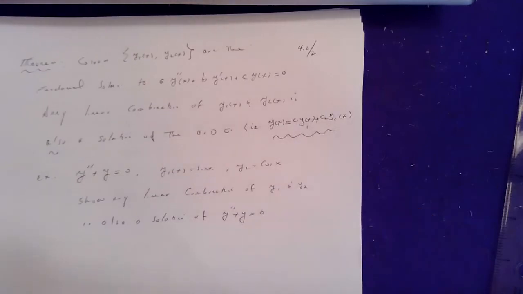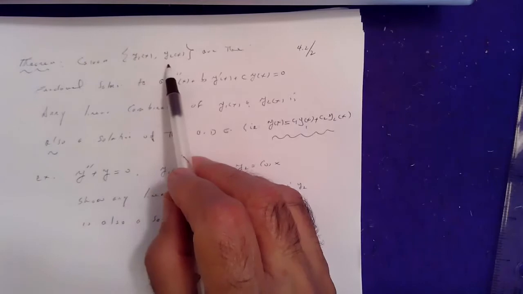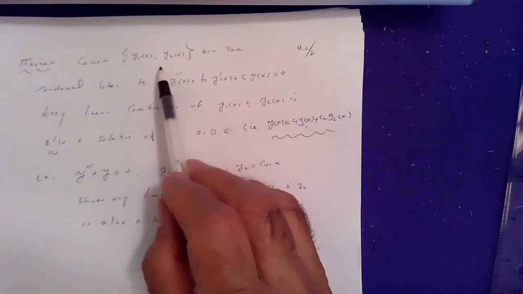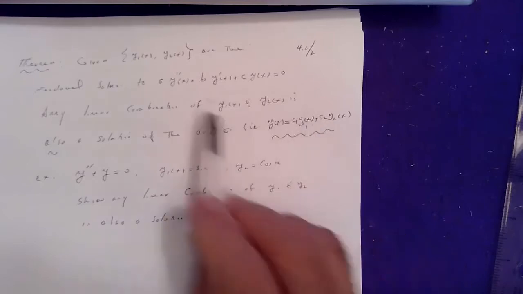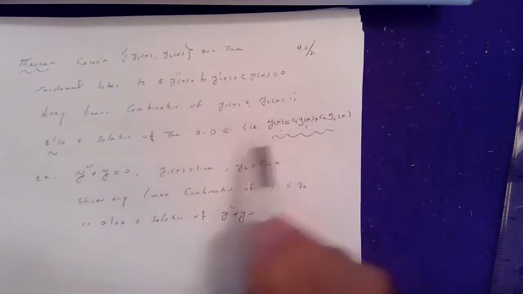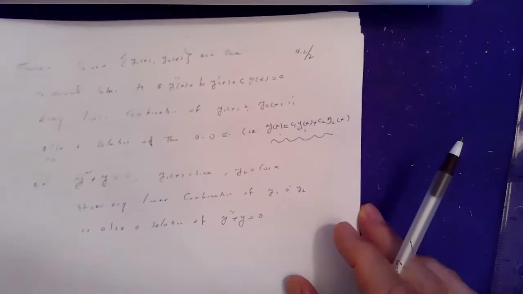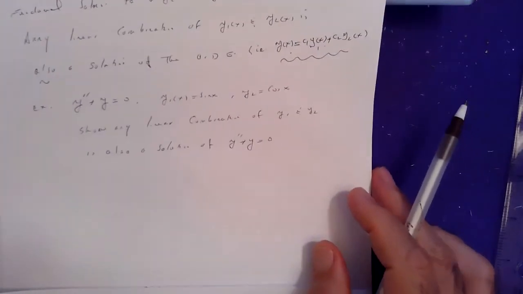In other words, if these two satisfy the three conditions of fundamental solutions, then a linear combination of them happens to also be a solution. Okay, let's see what that means.